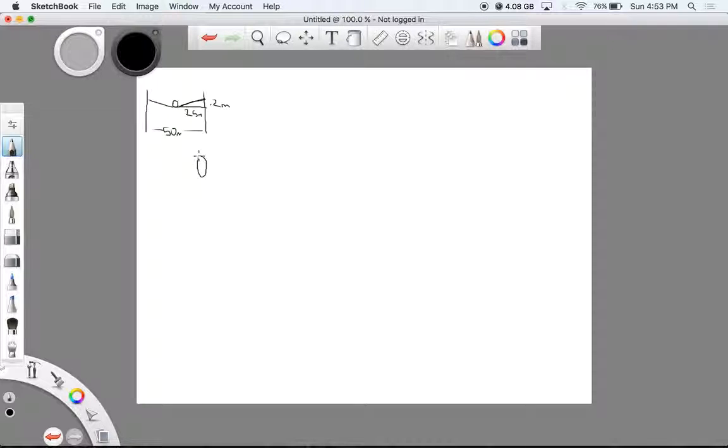Okay, so let's draw the bird, which is going to be another blob again. Here's the bird. It's going to have a vector downwards for its weight, which is mass times gravity. Then we have tension 1 and tension 2, which are equal because the bird is placed right in the middle.